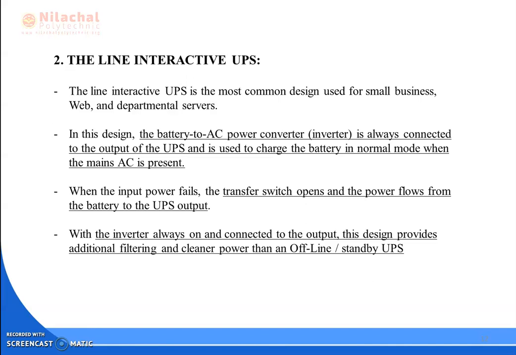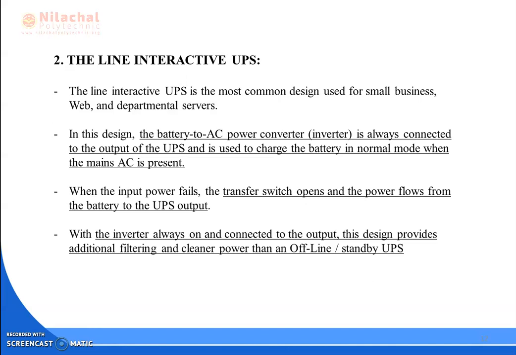When the input power fails, the transfer switch opens and the power flows from the battery to the UPS output. So we can easily understand that the inverter is the intermediate between the battery and the main AC current. What does the inverter do?